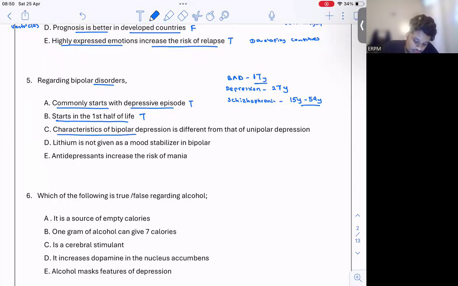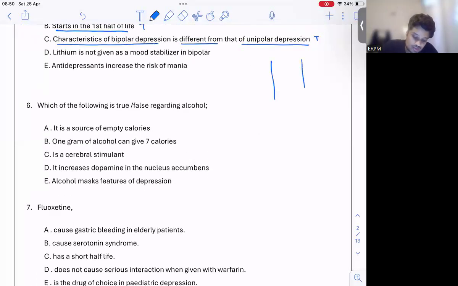Characteristics of bipolar depression is different from that of unipolar depression. That can be taken as true. There are certain differentiating features between bipolar depression and unipolar depression. So, for example, you take sleep. In unipolar depression, what you commonly get is insomnia, lack of sleep.